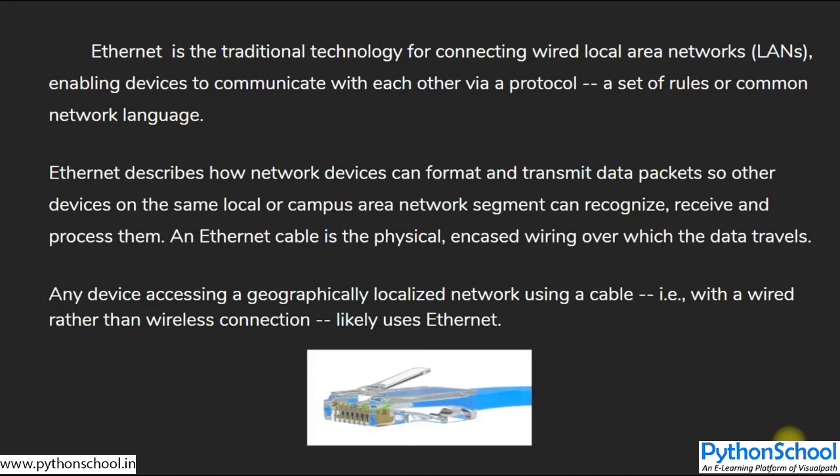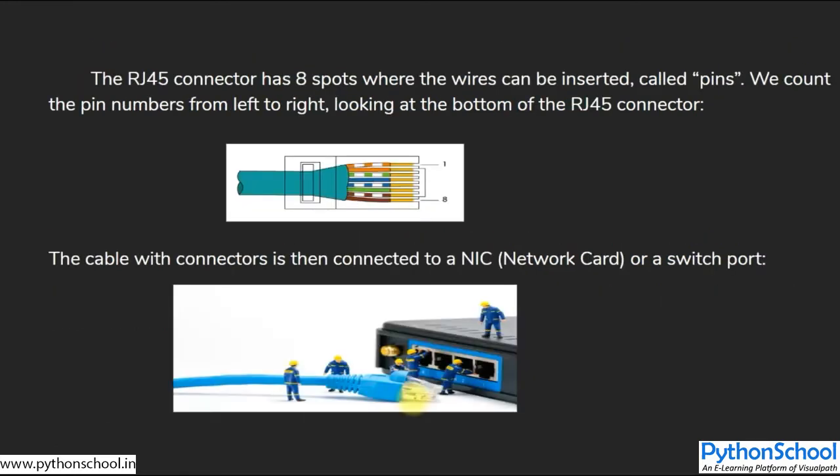So this is the cable which we are referring to when we talk about wired rather than wireless. This is the cable which we actually see in our homes or office networks. This is what the wire looks like, and this is where we insert it, that is the NIC card.